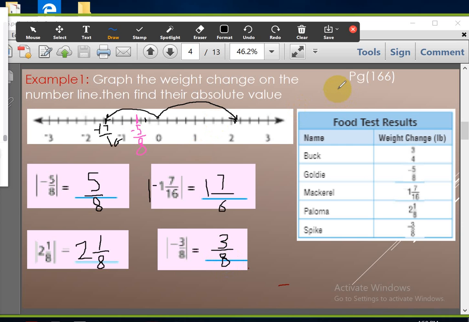So you have a strategy you have to follow, girls. The negative will become positive, and the positive will stay positive. This is the strategy. The absolute value will always be a positive number. There is no negative in absolute value.